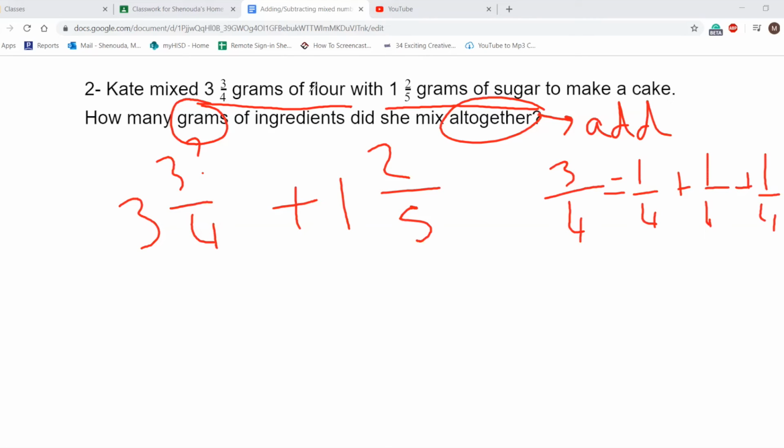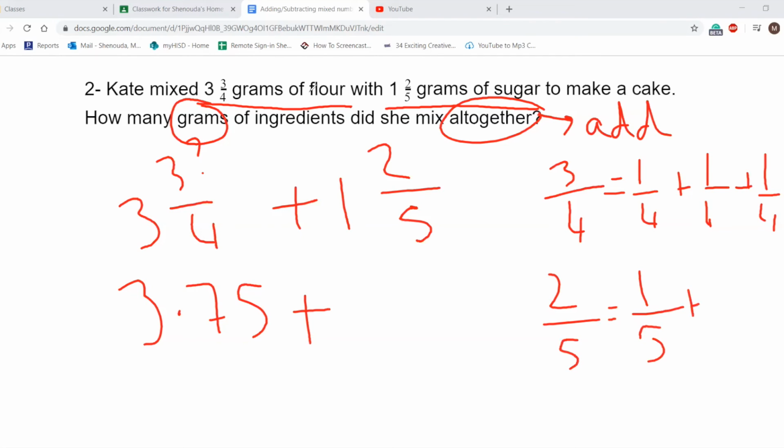So 3 and 3/4 means 3 and 75 cents. We said 1/5 is the same thing as 20 cents. So if I have 2/5, that's 1/5 plus 1/5, or 20 cents plus 20 cents, and that will be 40 cents. So 1 and 2/5 is the same thing as 1 and 40 cents.